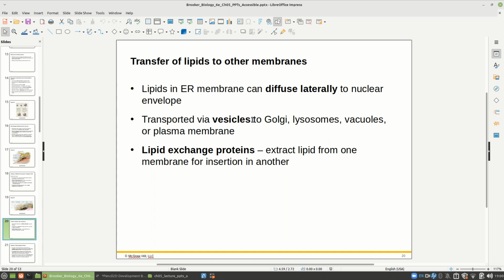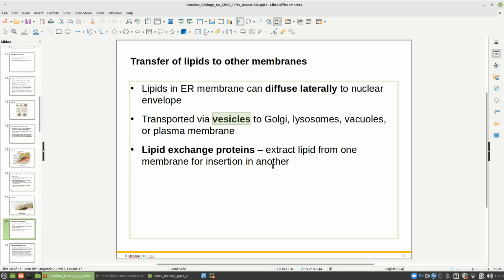Now these are little organelles that don't normally have a function themselves, but they transport things. So if something needs to get from one place in the cell to another, you might put it into a vesicle. All right. And lipid exchange proteins extract lipid from one membrane for insertion into another.